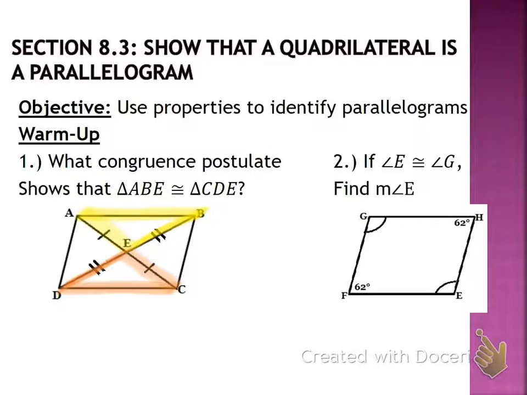We would use vertical angles, but then after we use our vertical angles, what would actually go next to that, Taylor? Side angle, side. Very good. So side angle, side shows that these two triangles are congruent to each other. If we were writing the proof, we would have to use our vertical angles being congruent there. Questions about side angle, side?